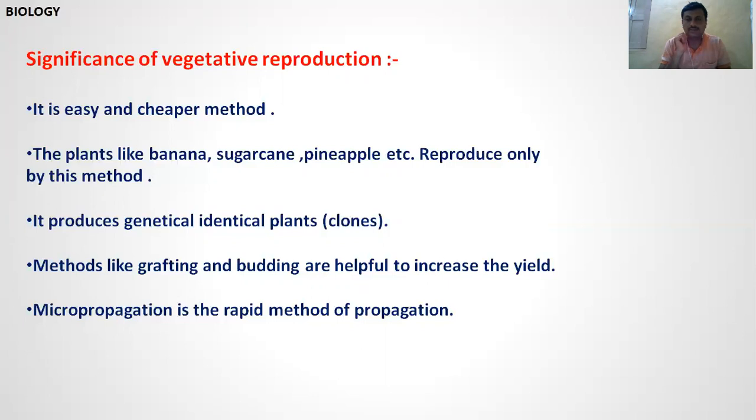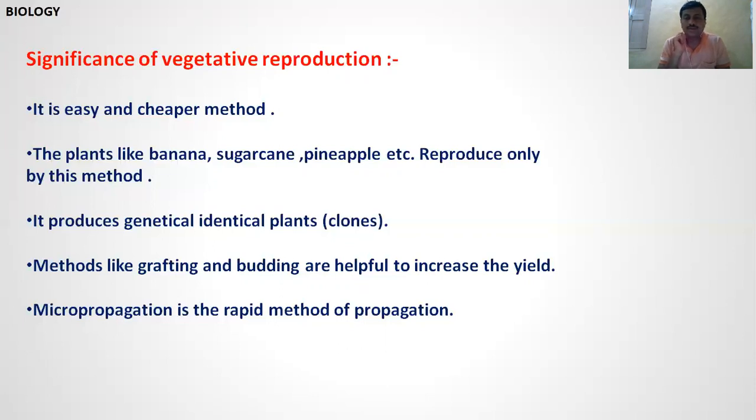These methods, grafting and budding, are helpful to increase the yields because the formation of fruit is very fast in these procedures, grafting and budding. Hence, they are helpful to increase the yields.